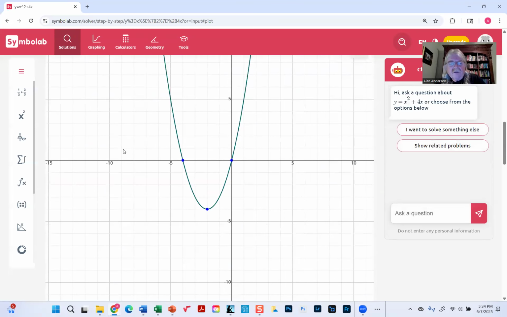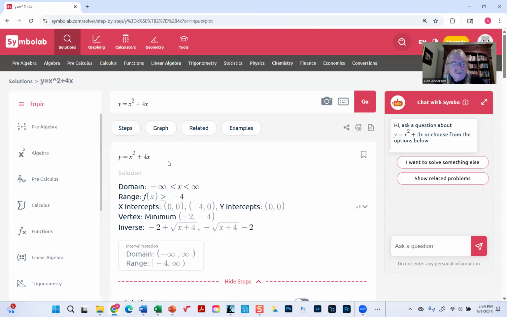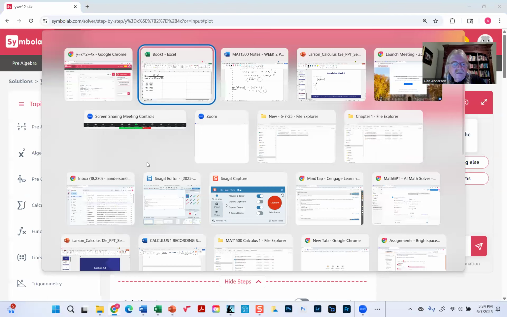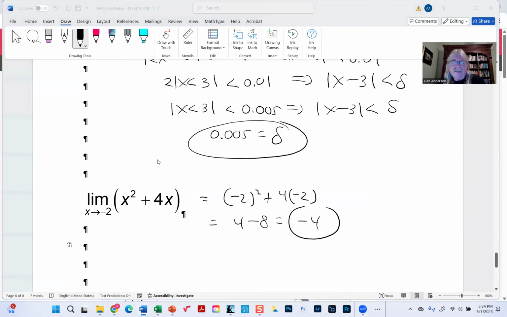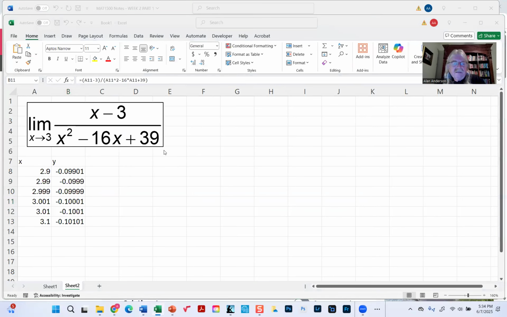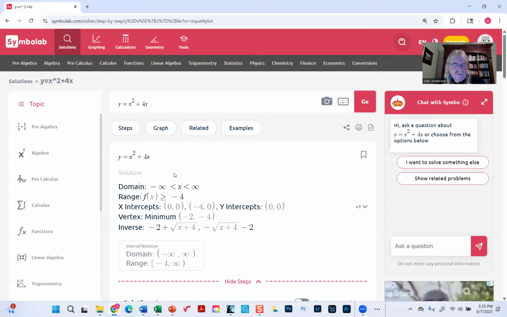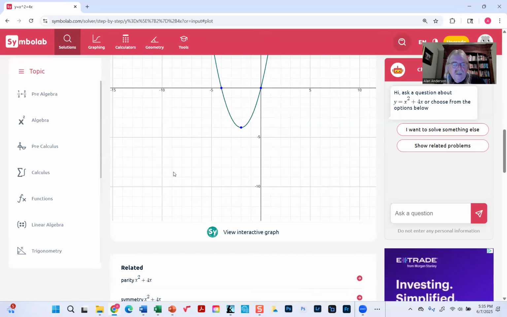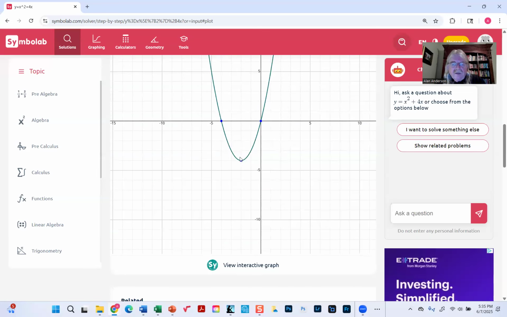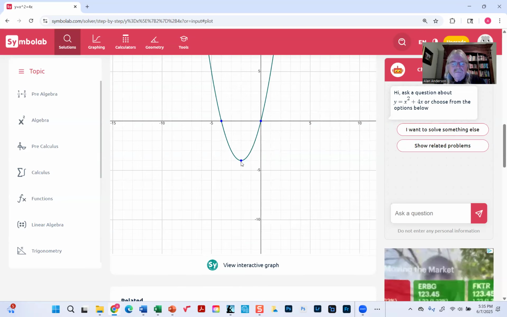And they're asking us to figure out what the value of the function is as x approaches -2. So looking, it's hard to be sure. Oh, there it is. This is what they're looking for. -2 corresponds to a y value of -4. So that's the answer.